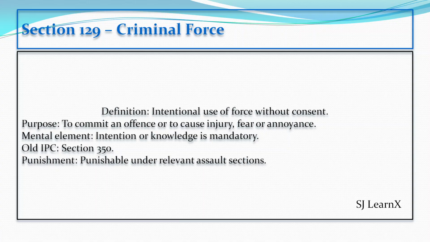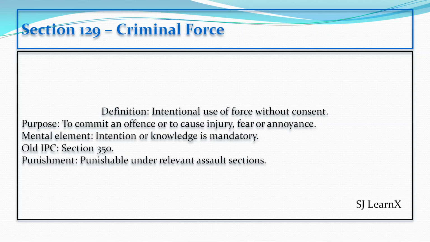Criminal force, section 129, is the use of force intentionally and without the consent of the other person. The intention must be to commit an offence or to cause injury, fear, or annoyance. Here, intention or knowledge is very important.